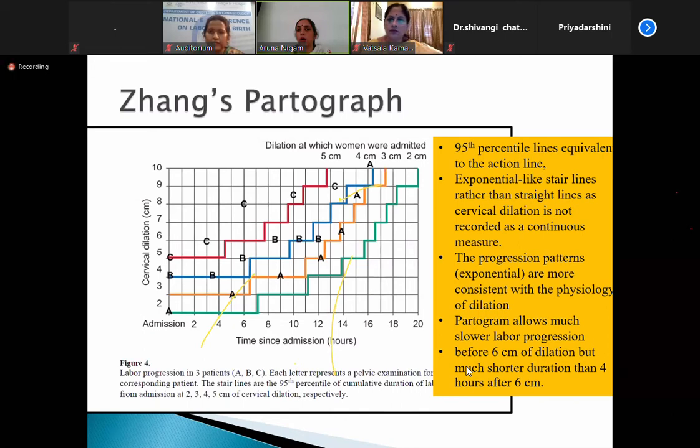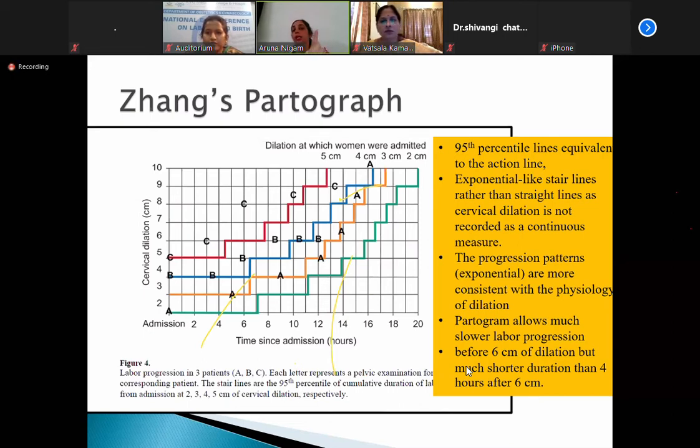So how have these lines been formed? These lines have not been formed by the median. They have been formed by the 95th percentile, that means plus minus 1 standard deviation. How many females are falling in this category? Most of the females are falling in this category. It has exponential-like stair lines rather than straight lines, as cervical dilatation is not recorded as a continuous measure.